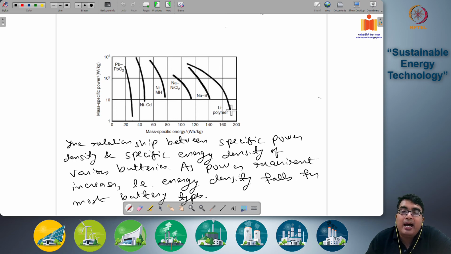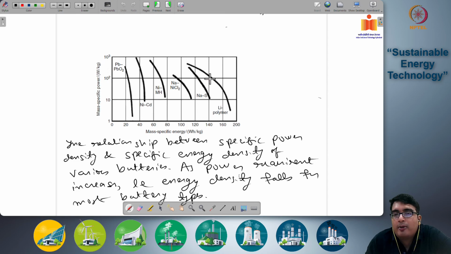And you can see that at low powers, the mass specific energy of all batteries is higher compared to the same situation at high power values. So for example, if you look at a lithium polymer battery, when the power requirement is say 3 or 5, 2 watt per kg, you are getting an energy storage density of around 180 watt hour per kg.